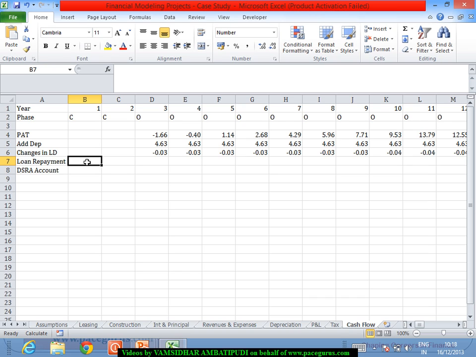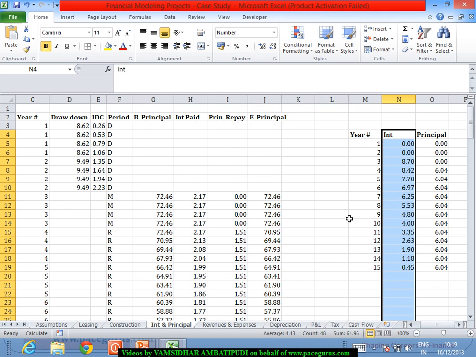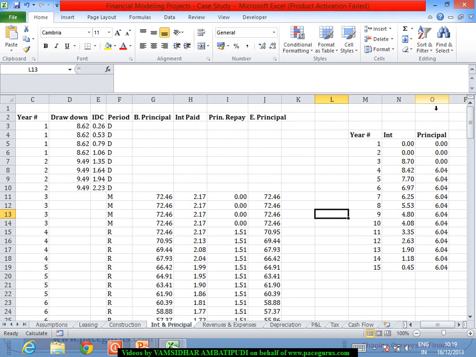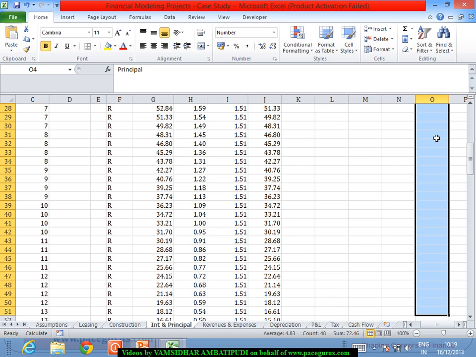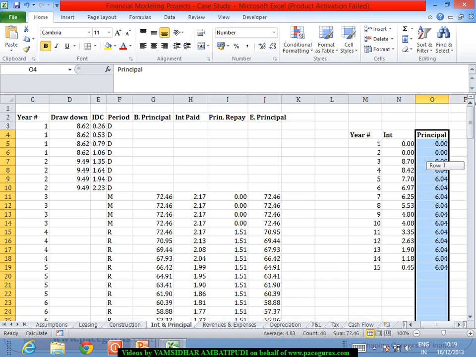And when we are talking about a loan repayment, this is primarily an interest repayment part. So the interest repayment, I can get it from this particular sheet, wherein I can take this particular array again using the index formula. I can pull out the value corresponding to each of the rows.